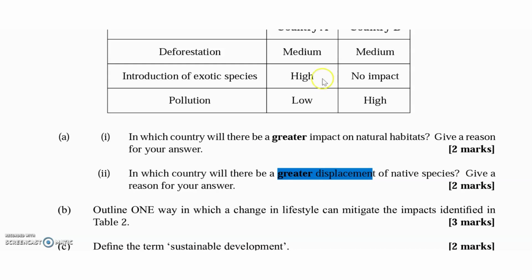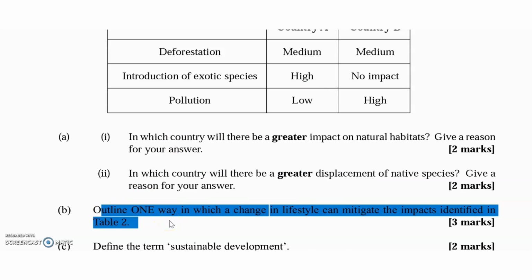All right. Now, part B: outline one way in which change in lifestyle can mitigate the impacts. Mitigate means to reduce the impacts identified in table 2.